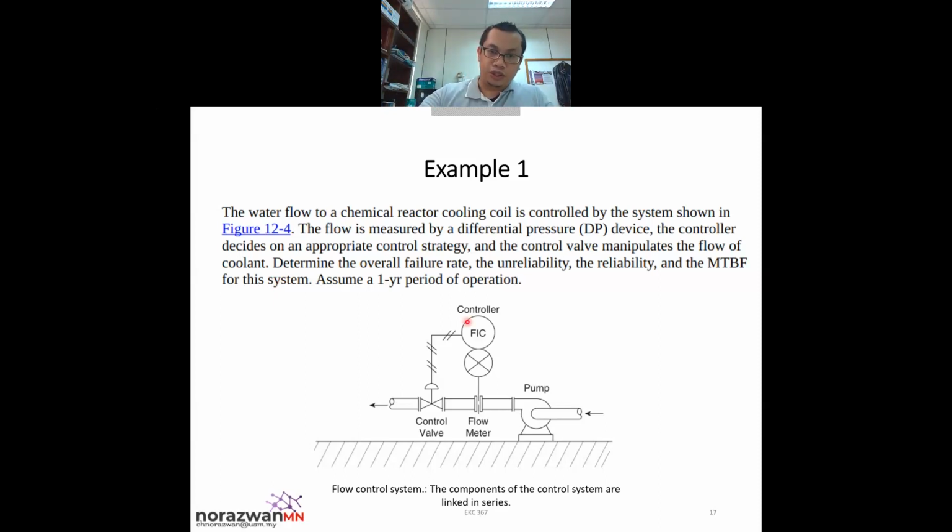So you have your controller here, your control valve, your flow meter with your DP device, and also your pump. We look at how to calculate all these.